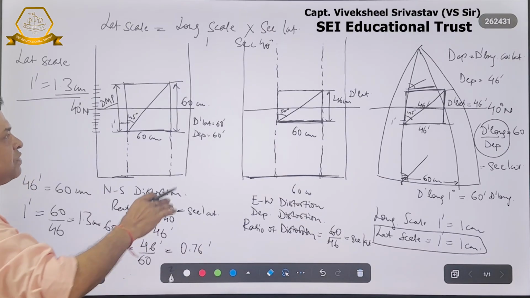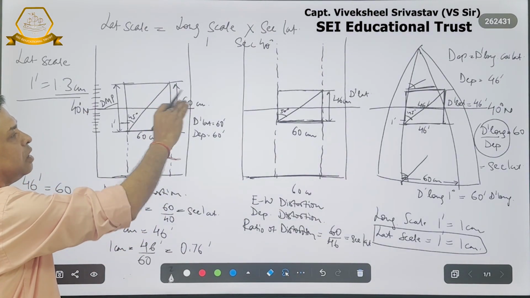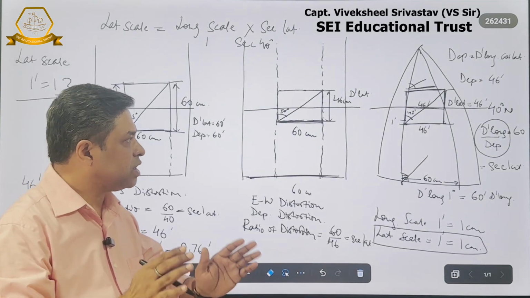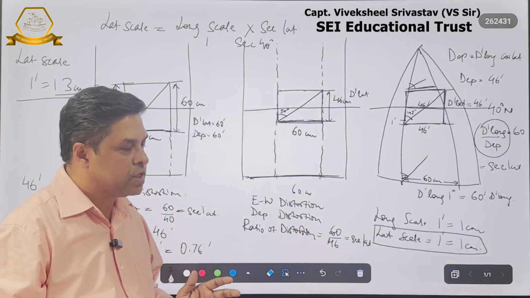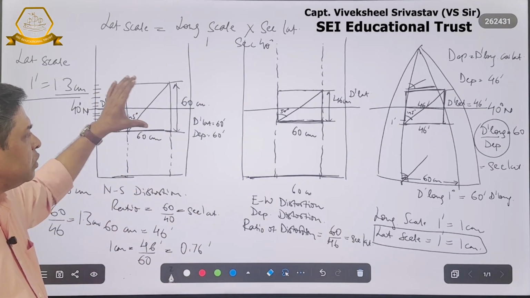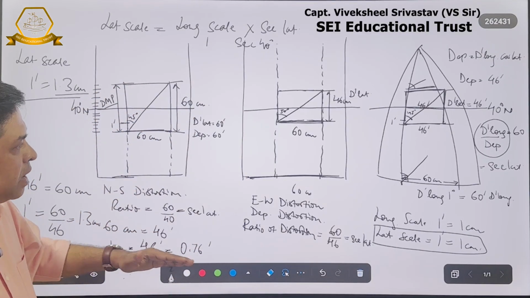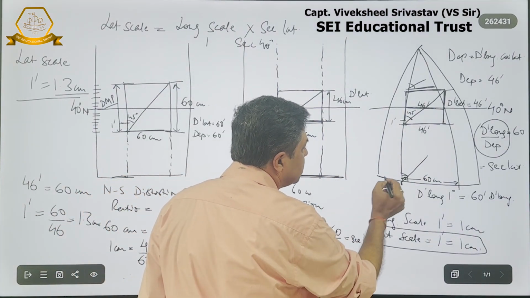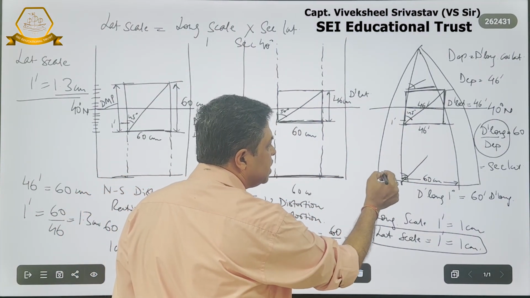Now we have seen this distortion at a particular latitude, 40 degrees north latitude. We were trying to construct a chart for 46 miles of a square, and we understood how the distortion works. Now from the equator, this distortion keeps increasing.